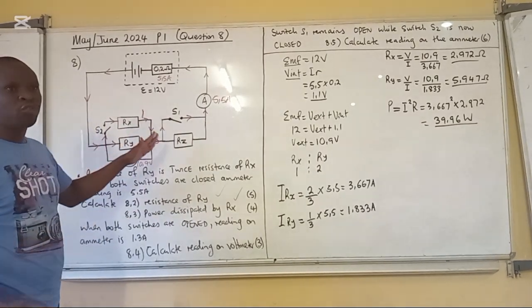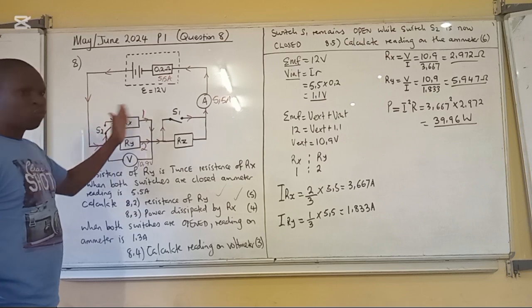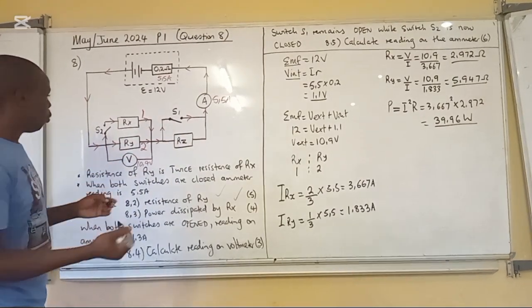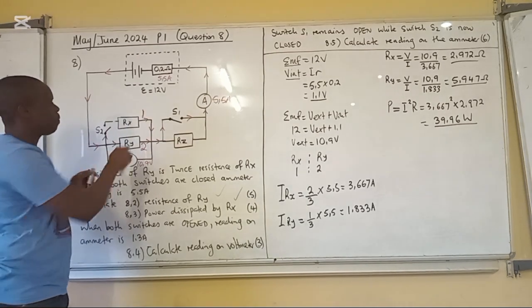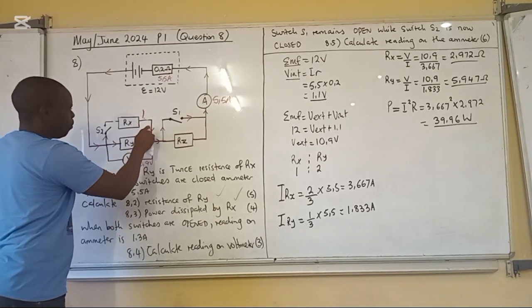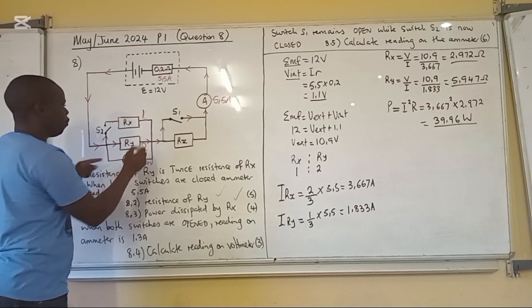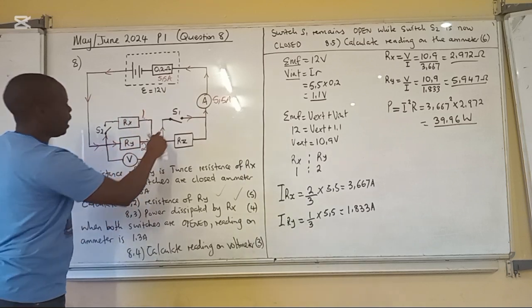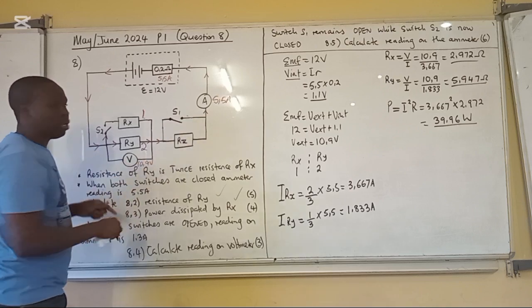It is not going to flow the way it was flowing when both switches were closed. So we no longer have current flowing through this path. I'm going to erase this to show that there is no current flowing through this path. Again here, no current will flow through this open switch.